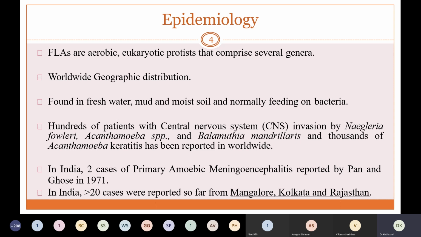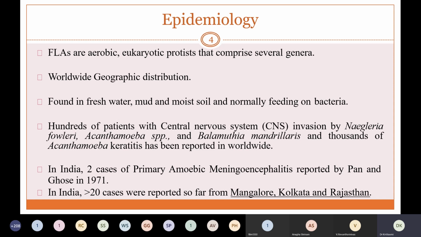These CNS infections are mainly caused by Naegleria fowleri and Acanthamoeba species. There are different species of Acanthamoeba, like Acanthamoeba culbertsoni and polyphaga. Then you have Balamuthia mandrillaris, which is the common species among Balamuthia. There are many cases reported in the literature about Acanthamoeba keratitis.